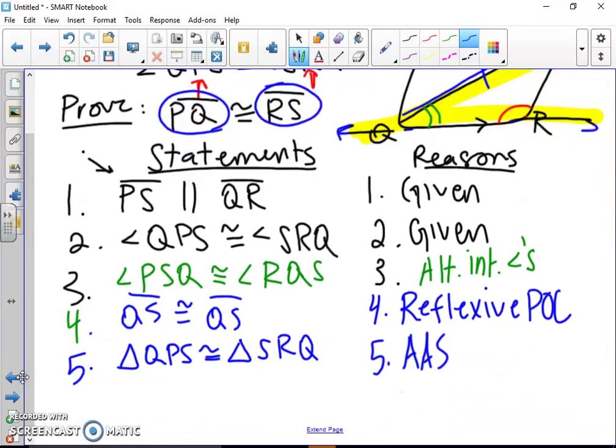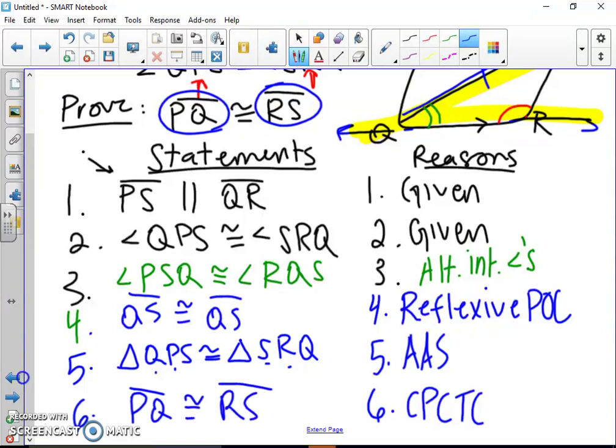Well, why would we be allowed to do that? PQ is congruent to RS because these are congruent triangles. Corresponding parts of congruent triangles are congruent. RS and PQ are corresponding parts. So there we go. PQ is congruent to RS by CPCTC. And that's it.